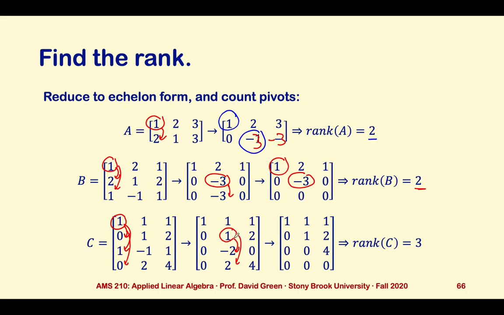Negative 2 plus 2 is 0. 0 plus 4 is 4. 2 minus 2 is 0, and 4 minus 4 is 0. We now have an echelon form with 3 pivots, and so the rank of this matrix is 3. Very straightforward, simply reduce to echelon form. We do not have to go all the way to reduced echelon form, and count the pivots.